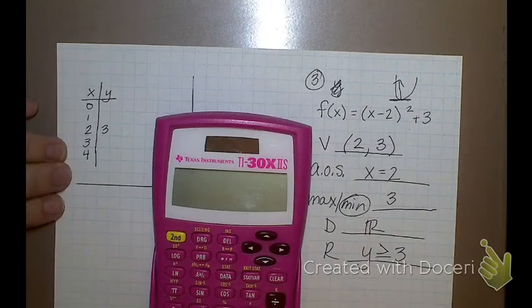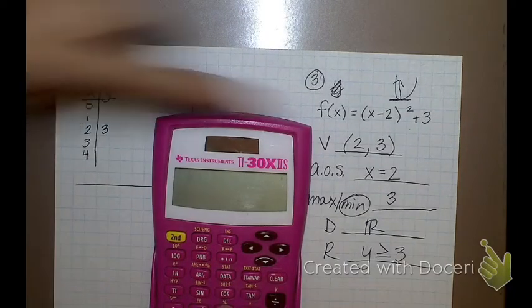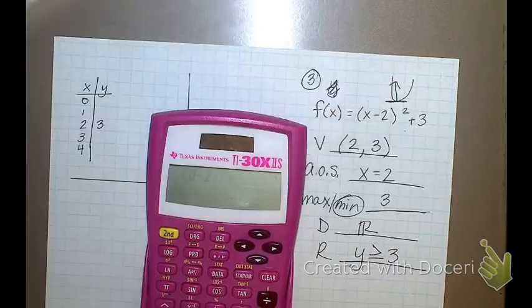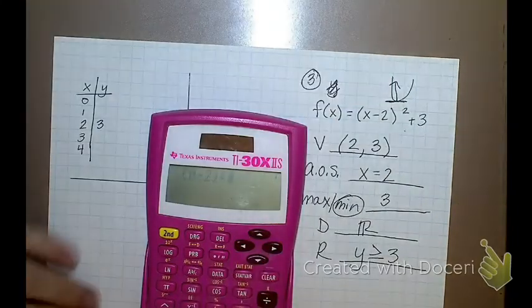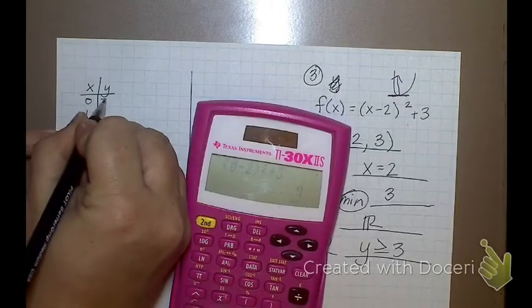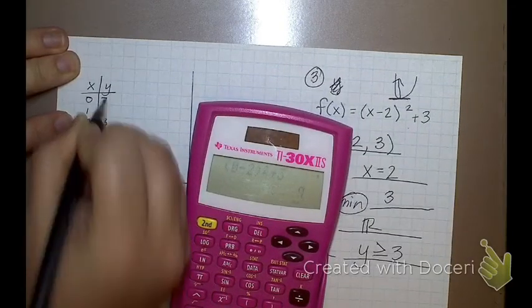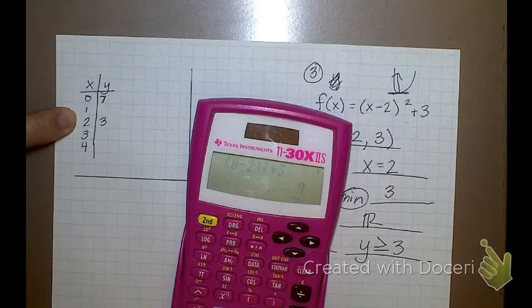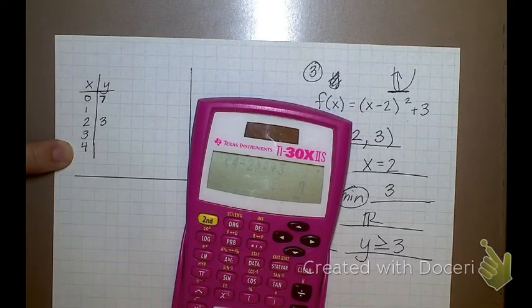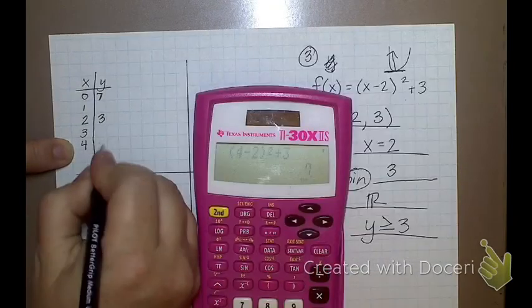So I'm going to start off with 0. 0 minus 2, parentheses squared, plus 3 is 7. Now, if I have the correct vertex, what number should also get me 7? 4. So if I go back and check 4, 7, I'm pretty sure my vertex is correct.